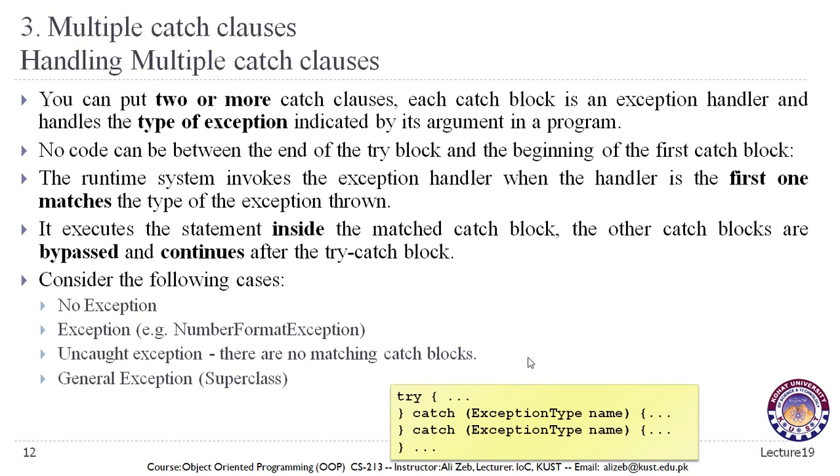We will look at these situations one by one in our following slides. And we can also mismatch the order of our exceptions in our catch blocks. We will have a look at this as well.